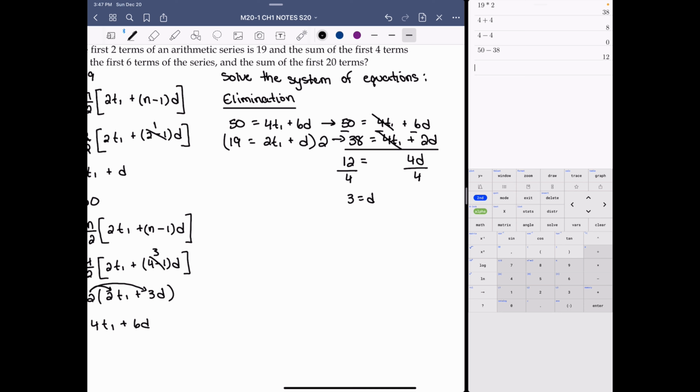Now I need to solve for the t1. So I use one of my equations that I have. My original equation is 19 equals 2 times t1 plus d, or 50 equals 4 times t1 plus 6 times d. I'm going to use this equation because it has smaller numbers.